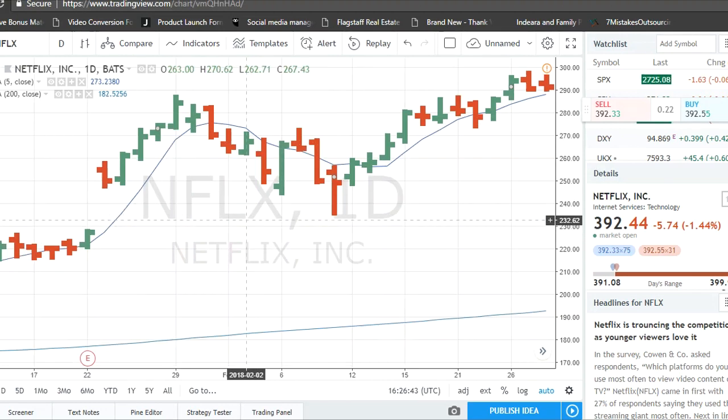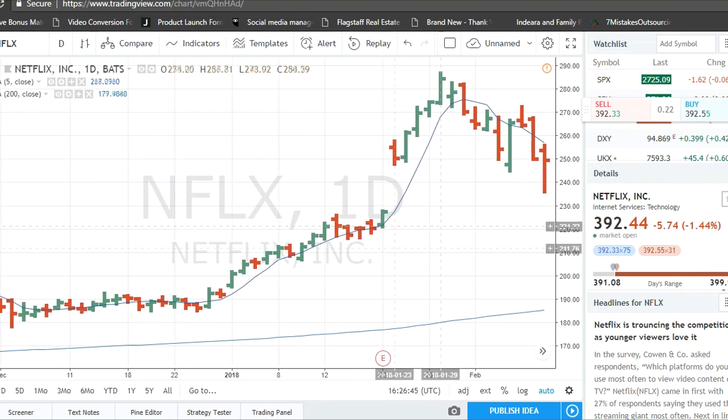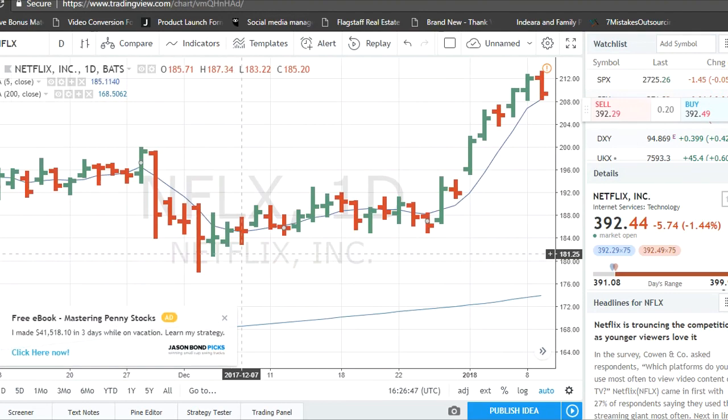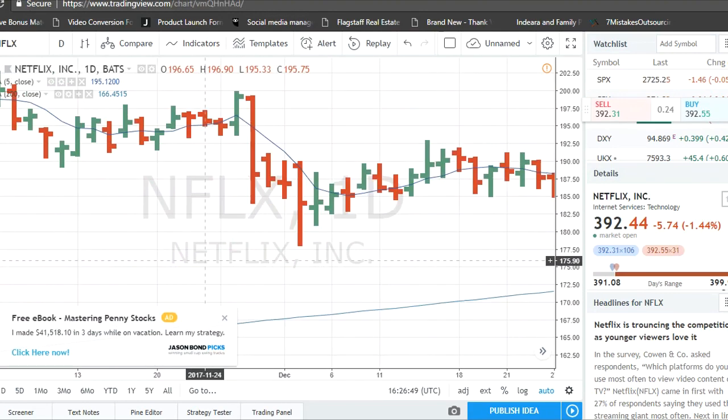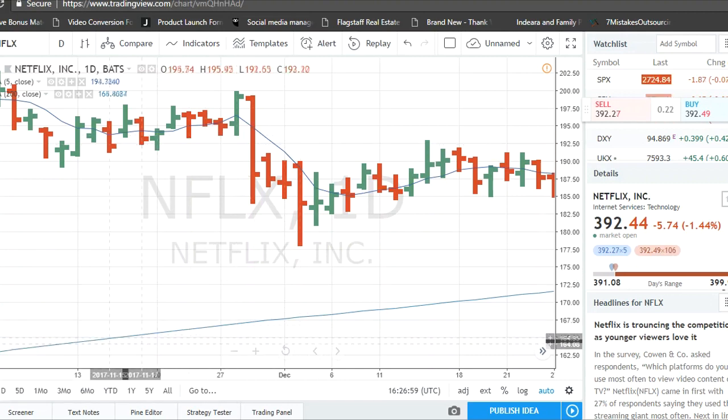So let's see if we can find another one. Yeah, here's one. This one took a little bit longer, but it doesn't matter, it still works. Here's another one where obviously I don't even have to say on this particular stock that we are above the 200-day moving average, because we just saw that for many months now it has been above it.